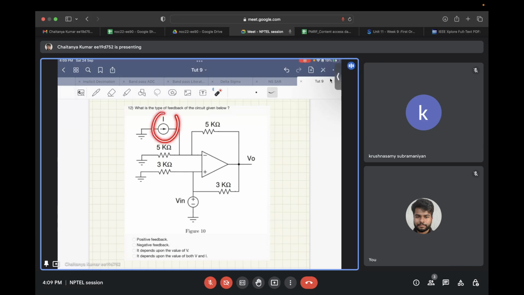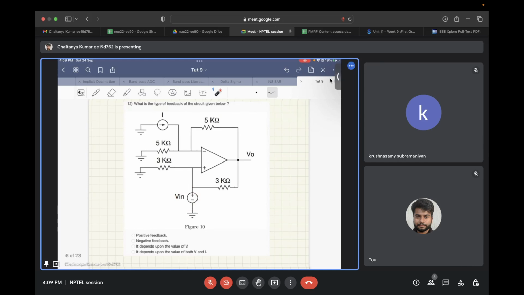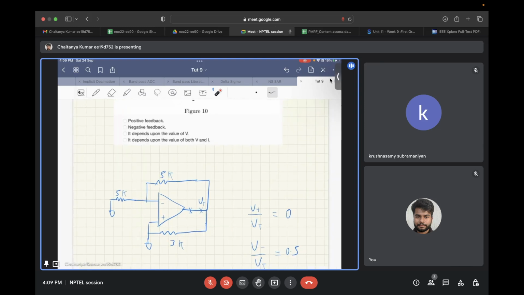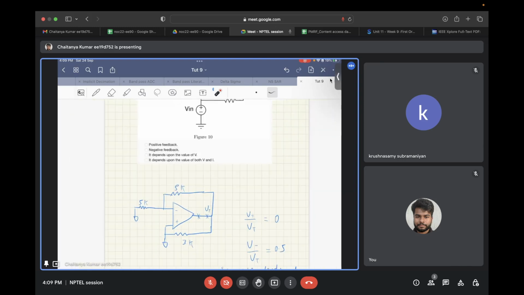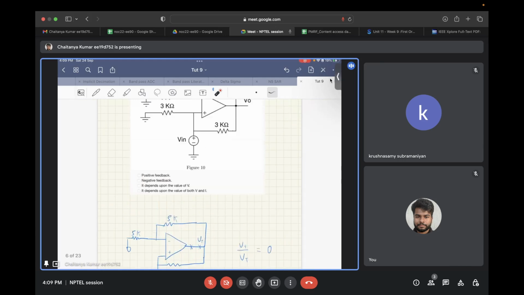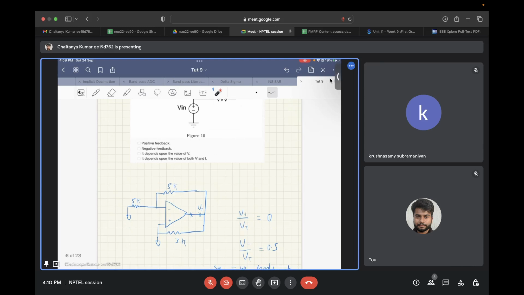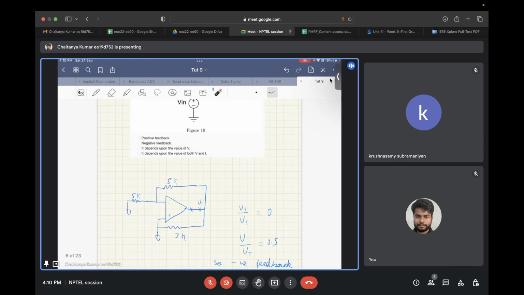So the current source will become an open circuit, and the voltage source will become a short circuit. So this is the network skeleton that you get after de-energizing the voltage and current sources.